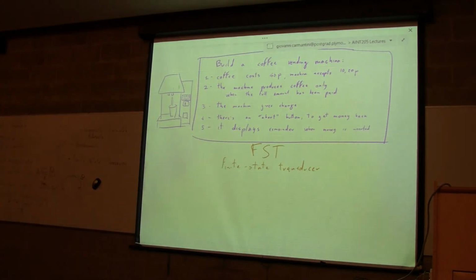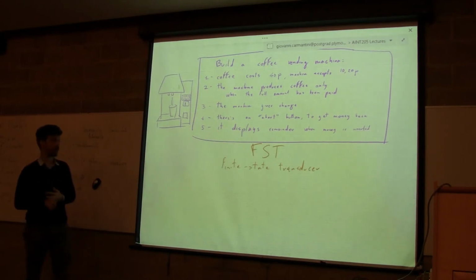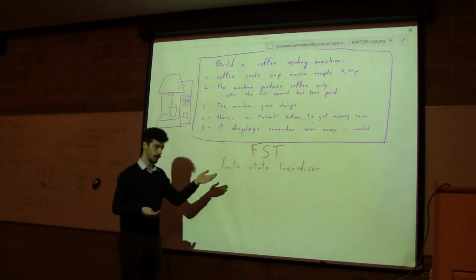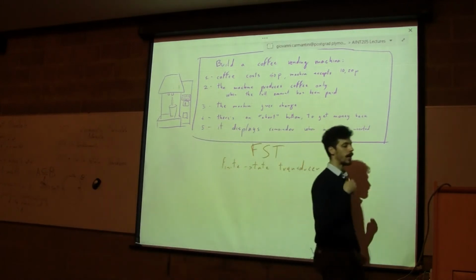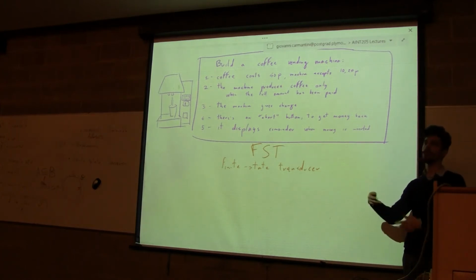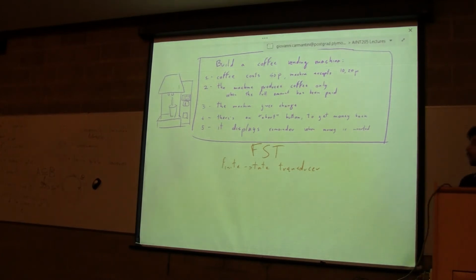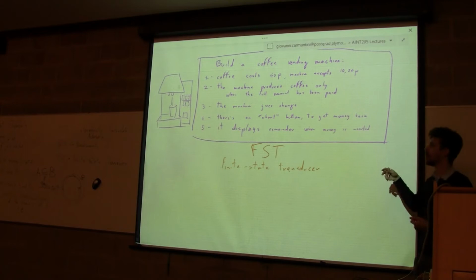There's another model which is used in programming, for example, and it is helpful to know about it, which is the finite state transducers model, which is simply a deterministic finite state machine which doesn't have any accept state, but at each transition, the machine does something. It outputs a symbol, or if you program a coffee machine, it does an action, like giving you back change or displaying the reminder or giving you coffee.